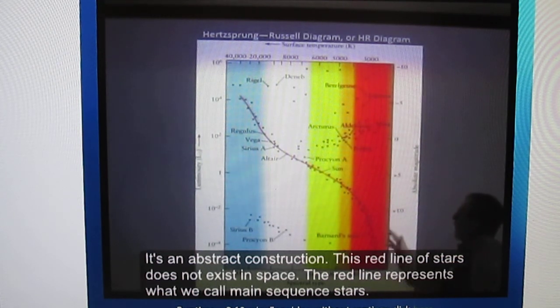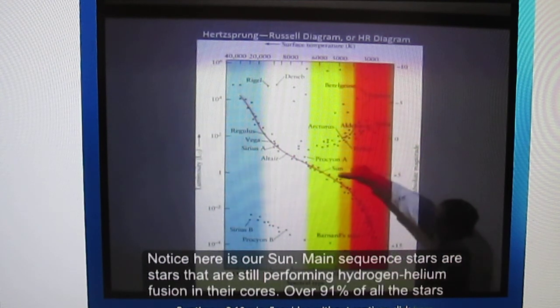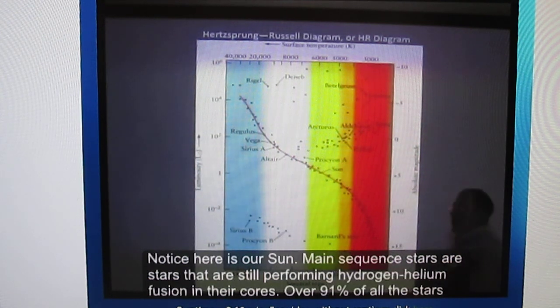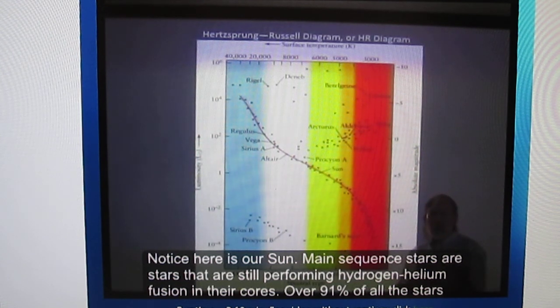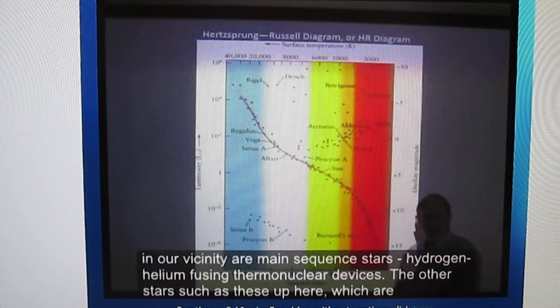The red line represents what we call main sequence stars. Notice, here's our Sun. Main sequence stars are stars that are still performing hydrogen-helium fusion in their cores. Over 91% of all the stars in our vicinity are main sequence stars, hydrogen-helium fusing thermonuclear devices.